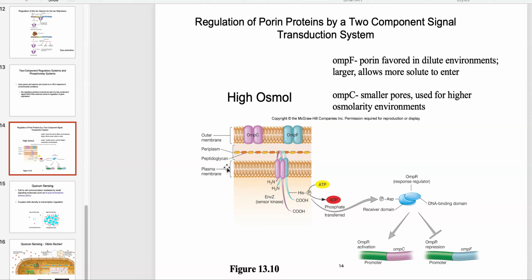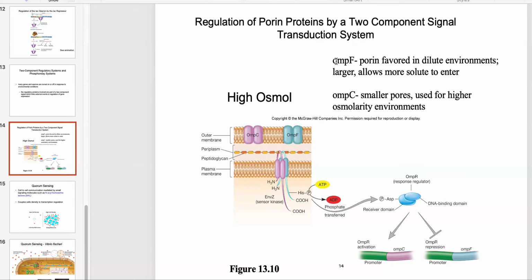And so porin proteins are these outer membrane pores that occur in gram-negative bacteria, and they allow dissolved solutes from the environment to come into the cell. If you let too many of those dissolved solutes in, you'll have an osmotic imbalance and the cell can burst or shrivel up. And so it's important to have the right proportion of outer membrane porins.